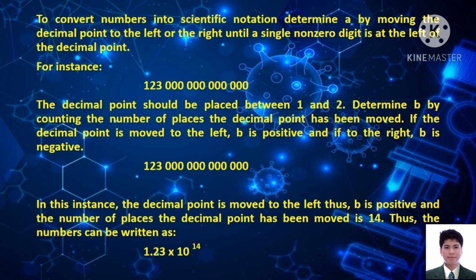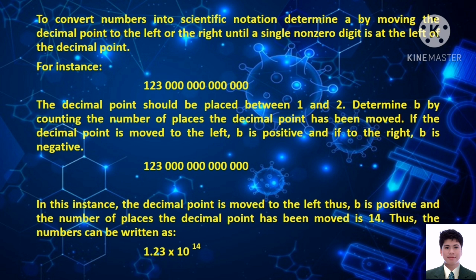Learners, for instance, 123 trillion. The decimal point should be placed between 1 and 2. Determine b by counting the number of places the decimal point has been moved. If the decimal point is moved to the left, b is positive, and if to the right, b is negative.